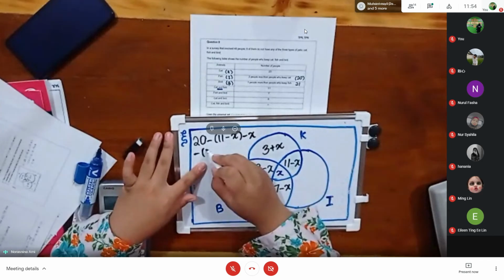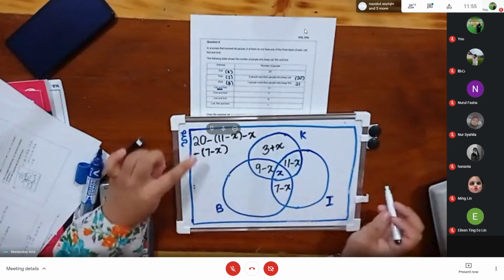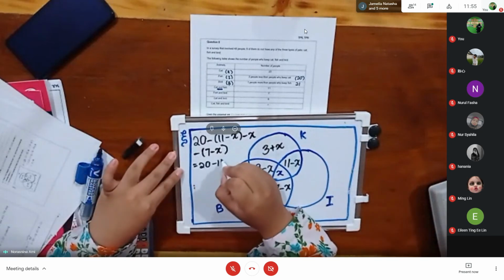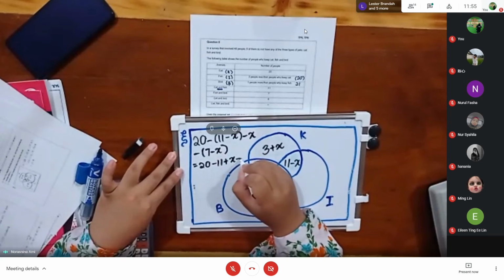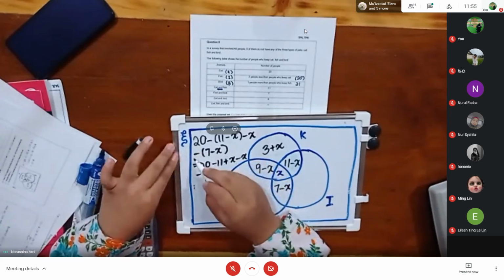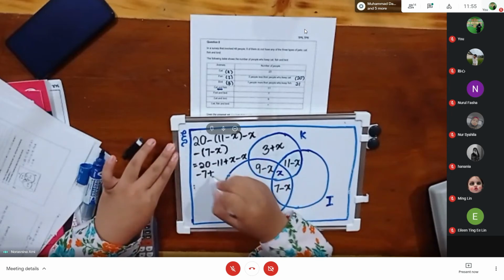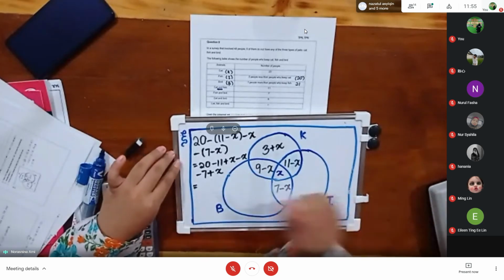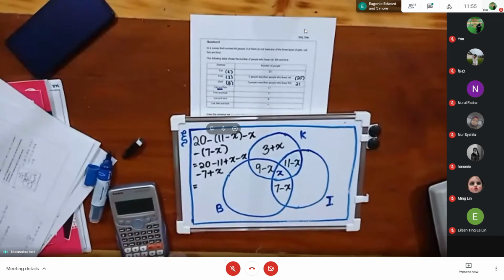Don't forget the bracket, minus 7 minus X. Then you solve this equation. 20 minus 11, open bracket, minus minus will be positive, positive X minus X, minus 7, open bracket, minus negative will be positive, positive X, and then you solve 20 minus 11 minus 7.